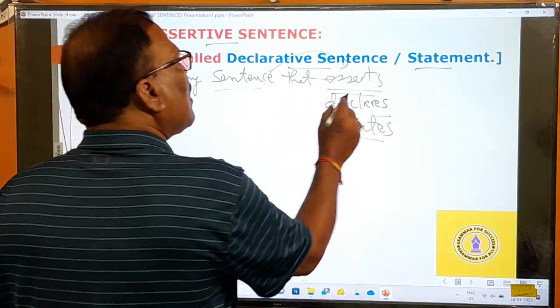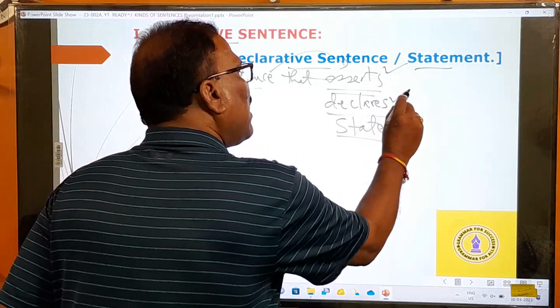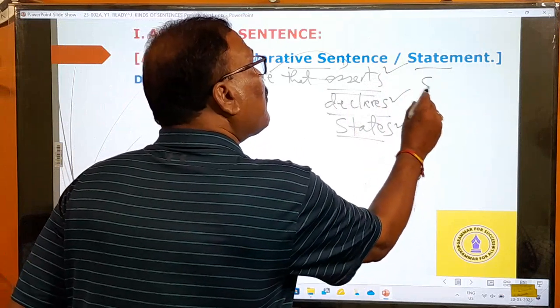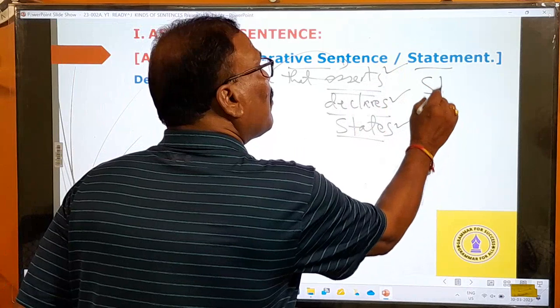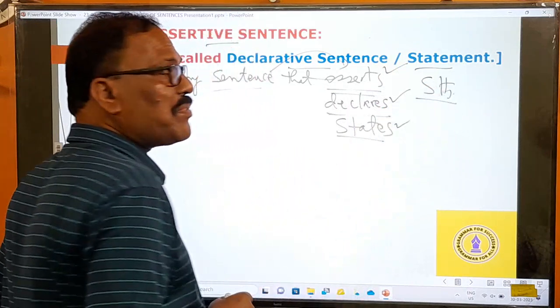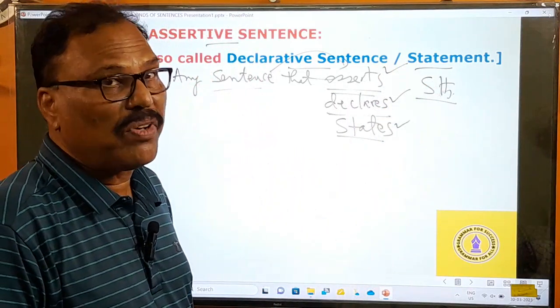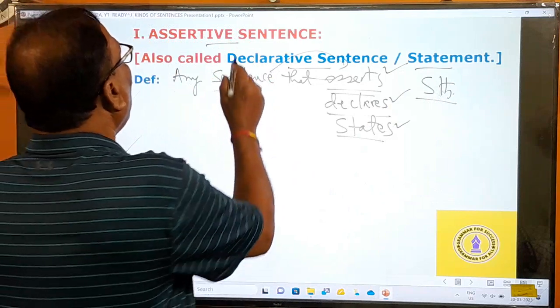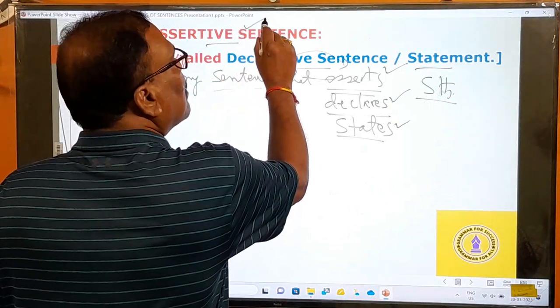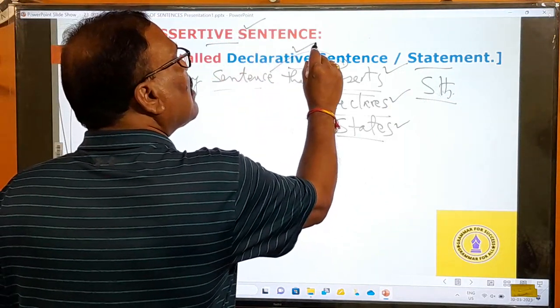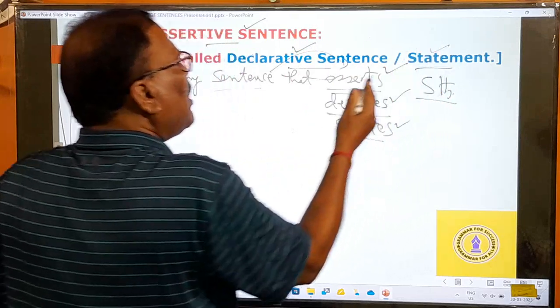So any sentence that asserts or declares or states something, that is very important. Something is a short form of something factual. Something factual is called an assertive sentence or a declarative sentence or a statement. Very simple.